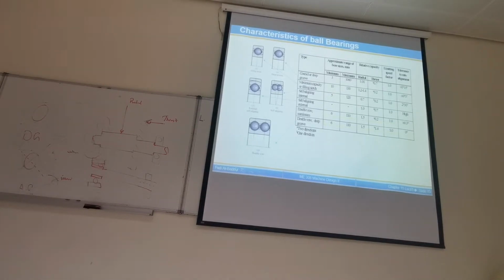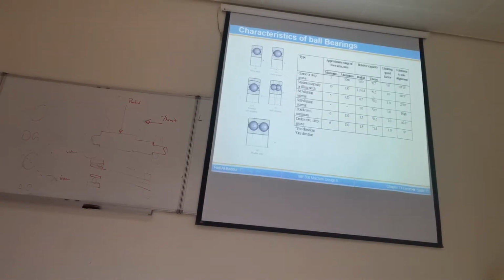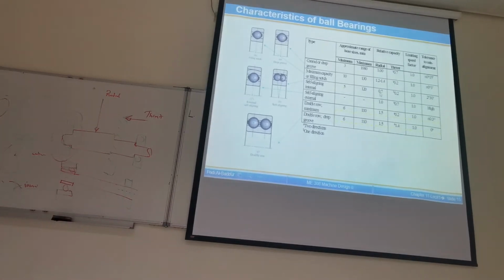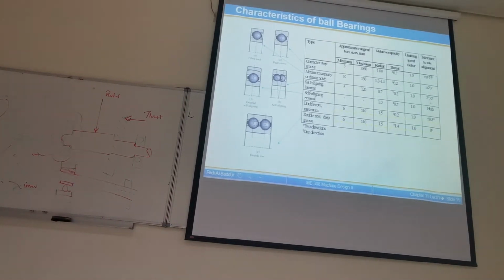Let's look at the filling notch. When you increase the number of balls inside, you can increase the capacity by 20 to 40%. But look at the thrust load. Let's drop it. If you look at the self-aligning bearing, you are losing load, but you are having good alignment. You can compensate for misalignment.